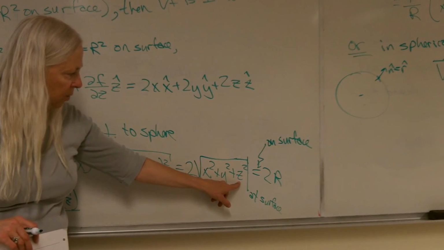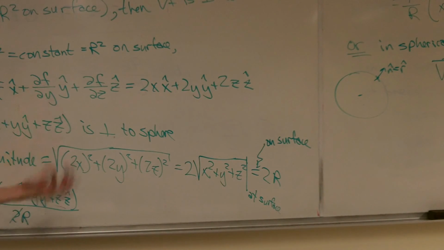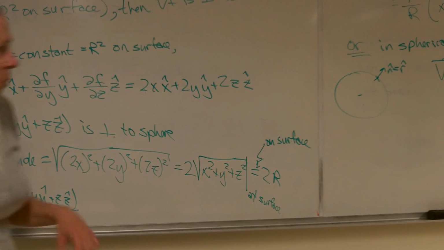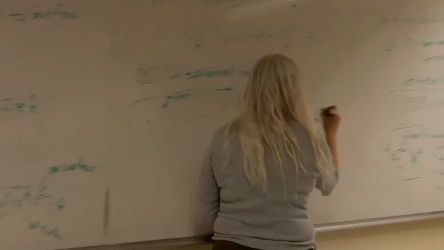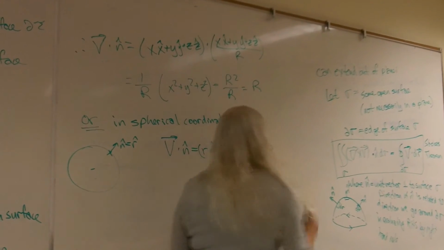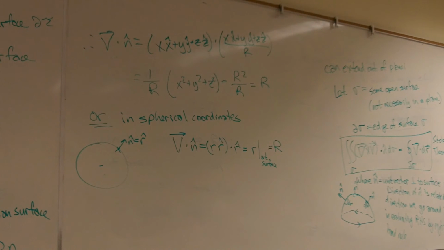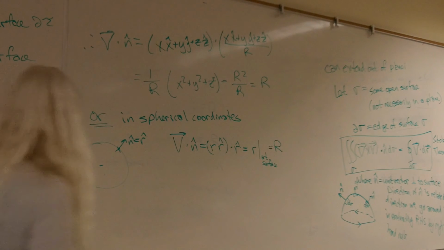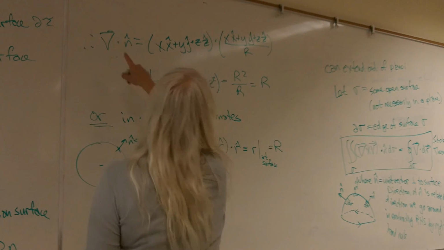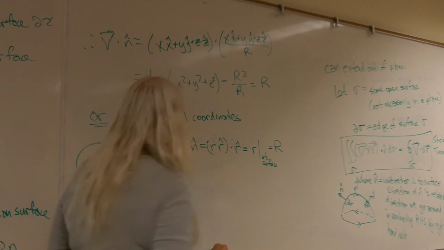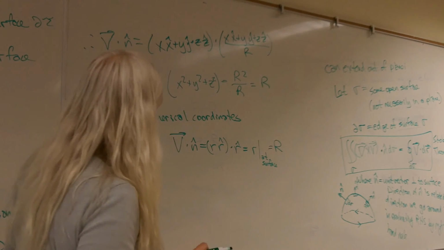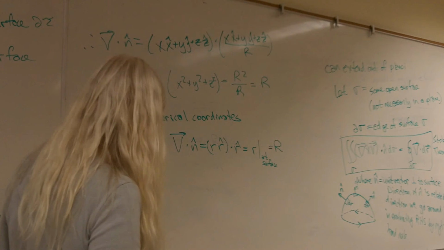We said that x squared plus y squared plus z squared, if we're on the surface, is capital R squared. Okay? Well, here, if we're at the surface, little r gets replaced by big R, because that's the value that little r has if we're on the surface. Okay, so in any case, either way, whether we do it in Cartesian or in spherical coordinates, v dot n hat at the surface is equal to capital R.